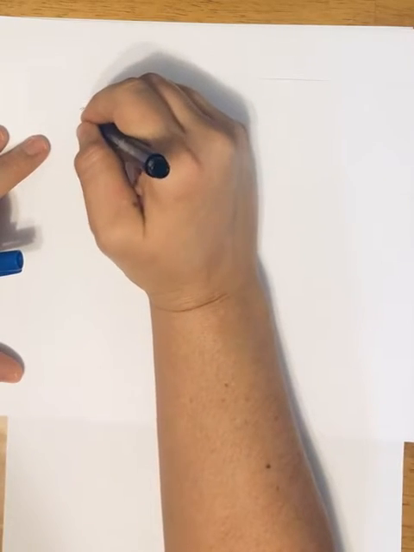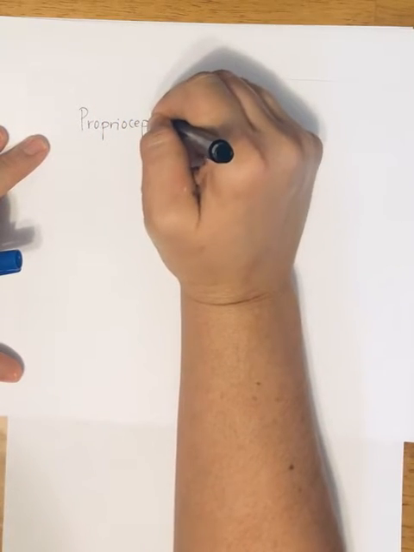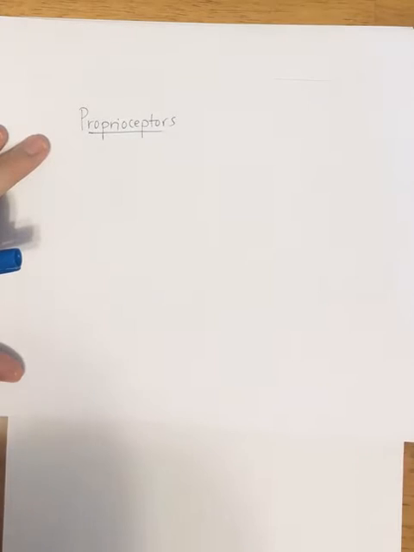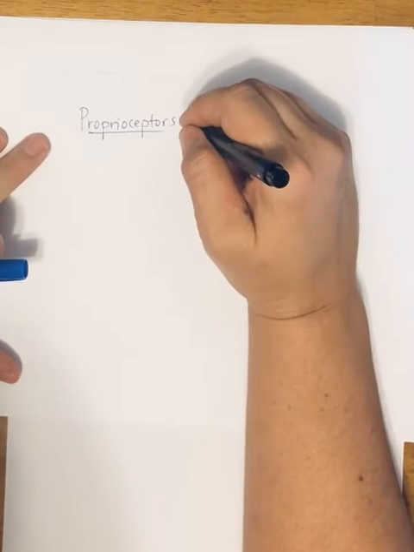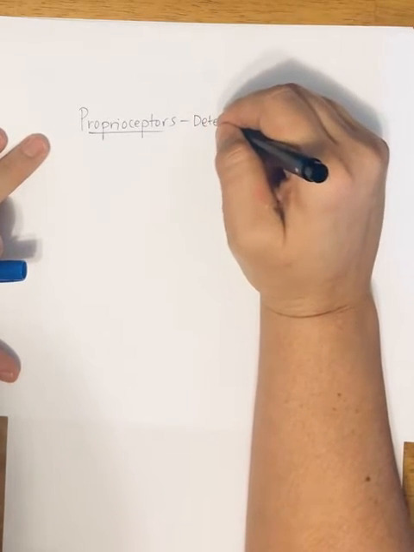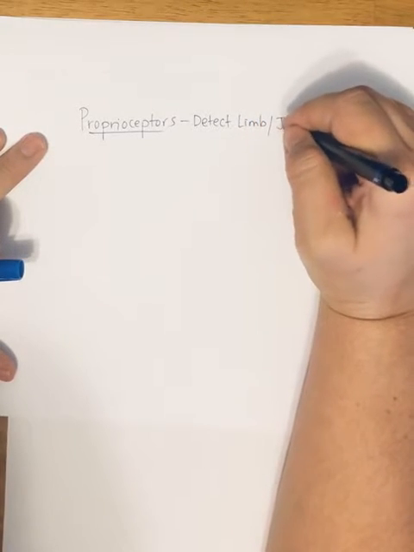Okay. We're still continuing the types of stimulus. Now we learn proprioceptors. Proprioceptors are going to detect limb and joint movement.